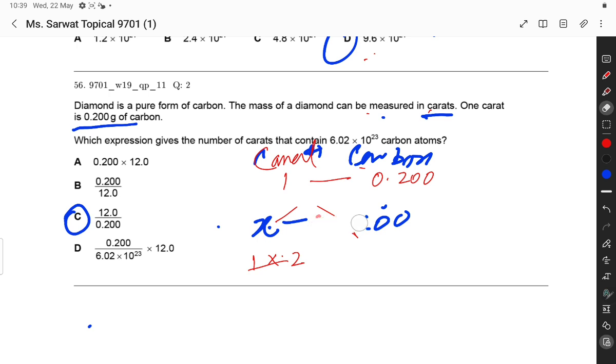And what would be the carats in 12 gram, which contain X? So this is equal to 12 divided by 0.200. So this is the best option.